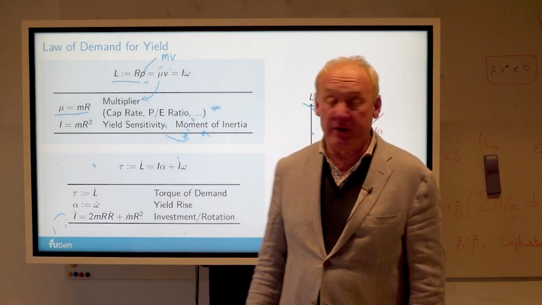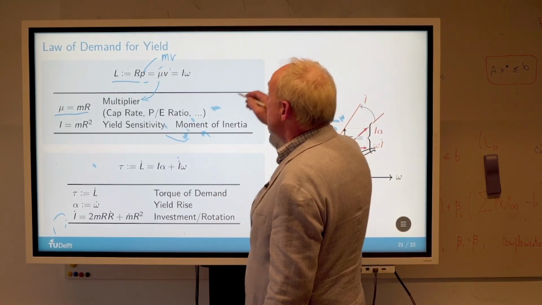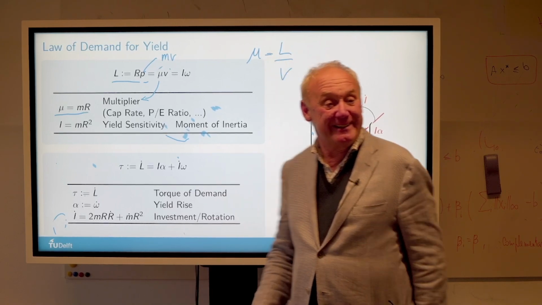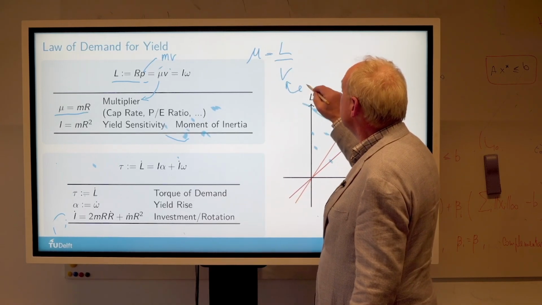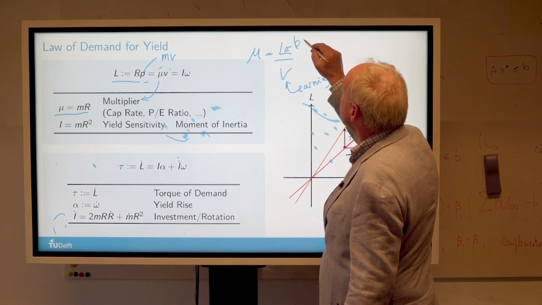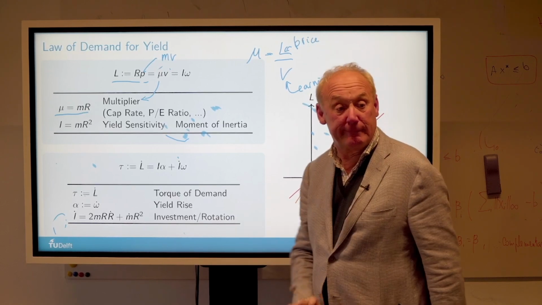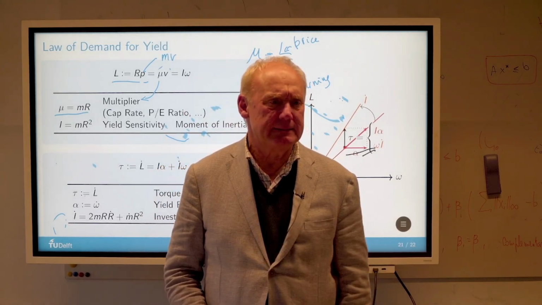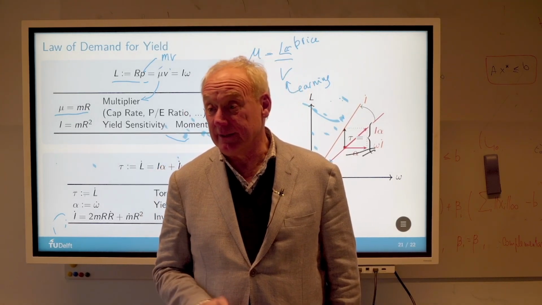Sometimes they call it the price-earnings ratio. So you can define mu to be L over V, where V are the earnings and L is the price. So literally it is, not kind of is.